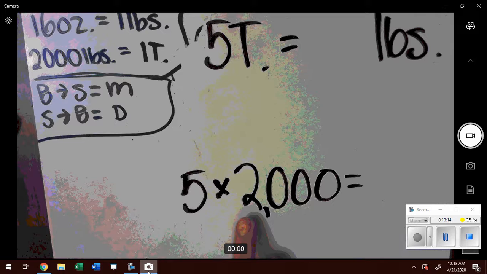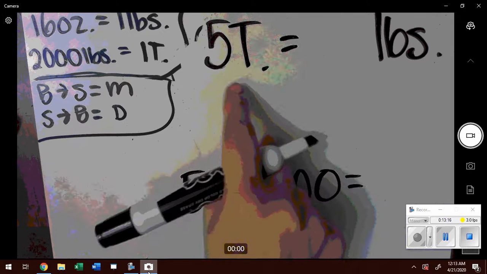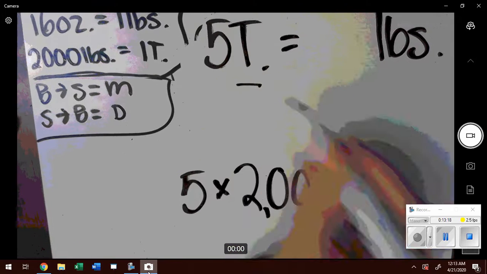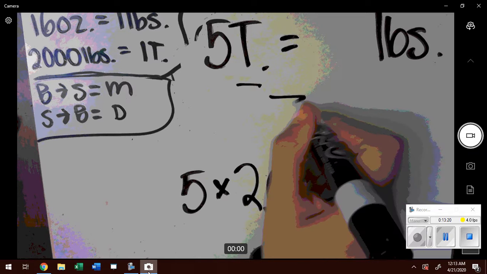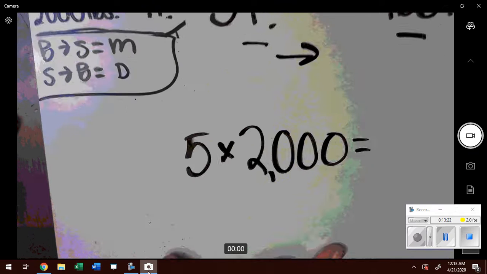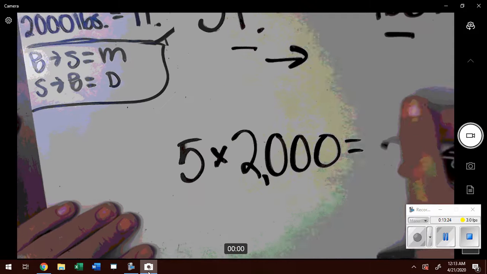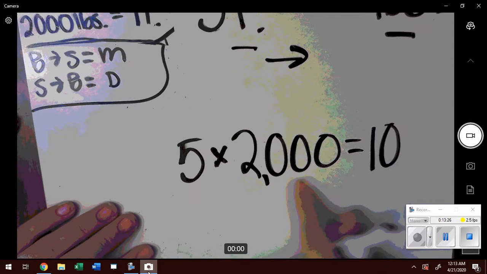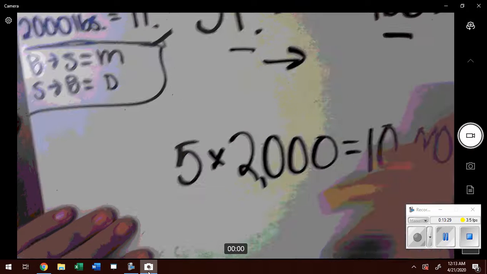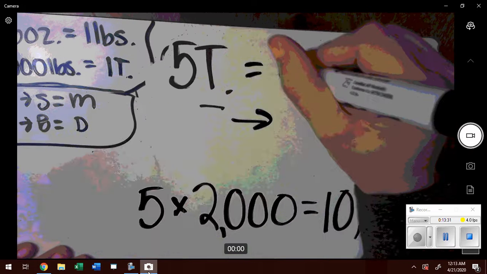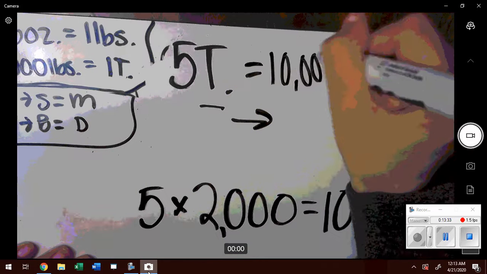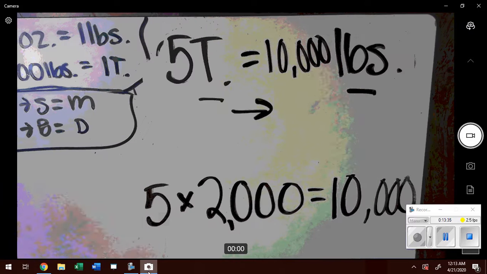Again, I knew that I was going to multiply because I was going from a bigger unit, tons, to a smaller unit, pounds. I know that 5 times 2 is 10, and then I just need to add my zeros. So 5 tons equals 10,000 pounds.